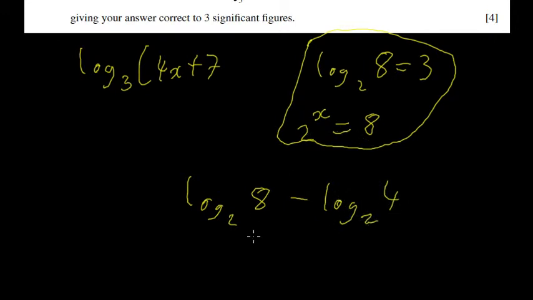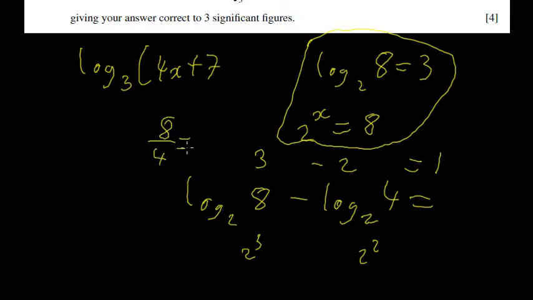This is just 2 cubed, this is 2 squared, and the answer would be 3 minus 2 equals 1. Another way of looking at this is 8 over 4 equals 2, and log base 2 of 2 is just 1. It's the same thing.